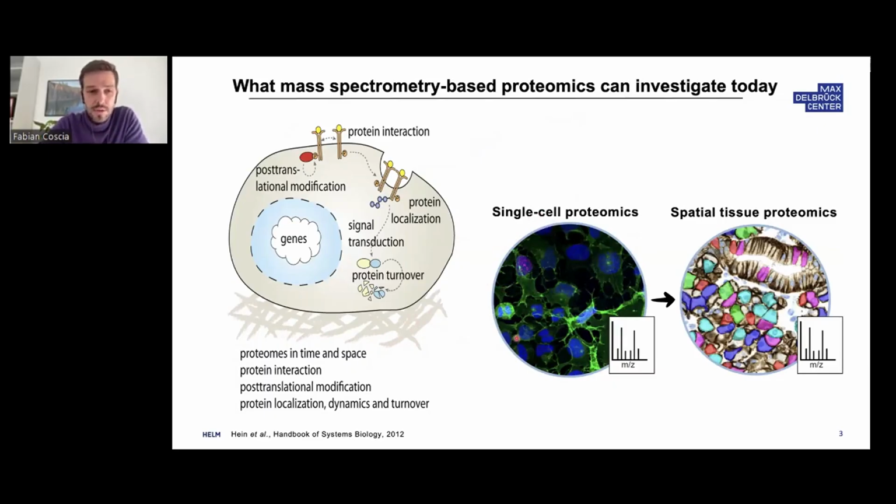This is super exciting, and my lab is particularly interested in leveraging these highly sensitive methods to better understand how cells are organized in the tissue environment, and how cell interactions and distinct cell neighborhoods shape the disease-related proteome. Spatial tissue proteomics on the basis of mass spectrometry is a relatively new concept, but has great potential for translational research in the upcoming years.